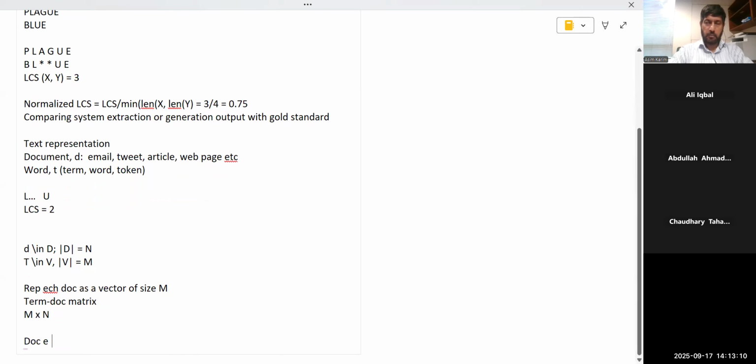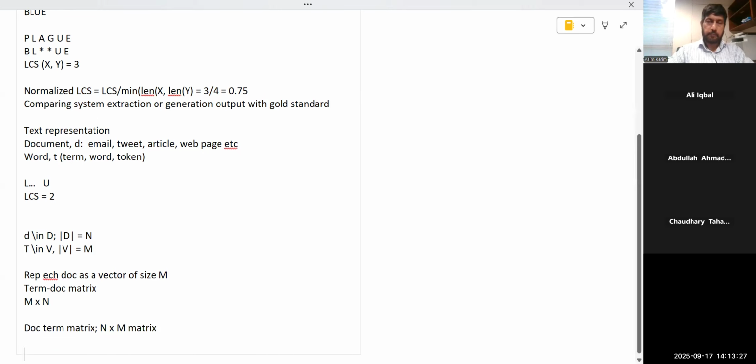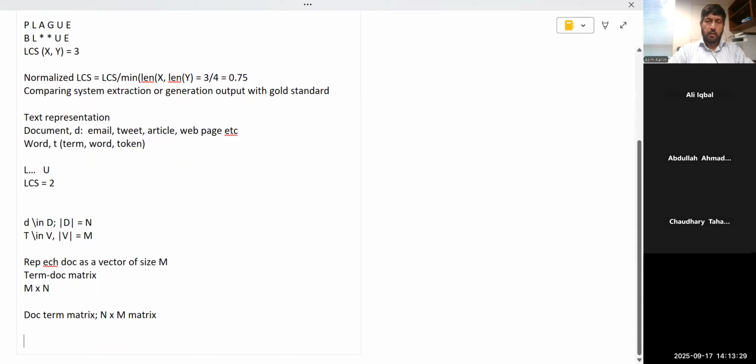Sometimes the doc term matrix is more convenient for us. So in this case, this is an N by M matrix. So each row is now a vector for a given document. All right.